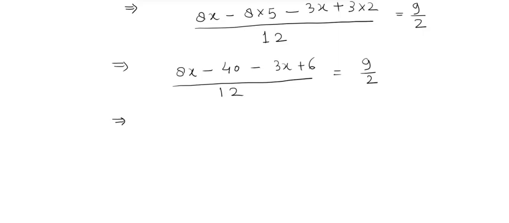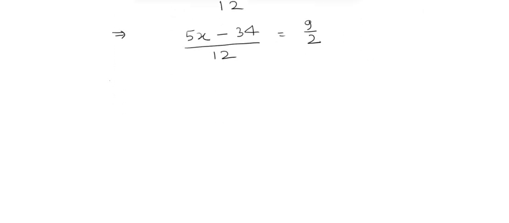Now 8x and minus 3x are like terms, so subtract: we will get 5x minus 40 minus 6, so we will get 34, divided by 12, is equal to 9 by 2.